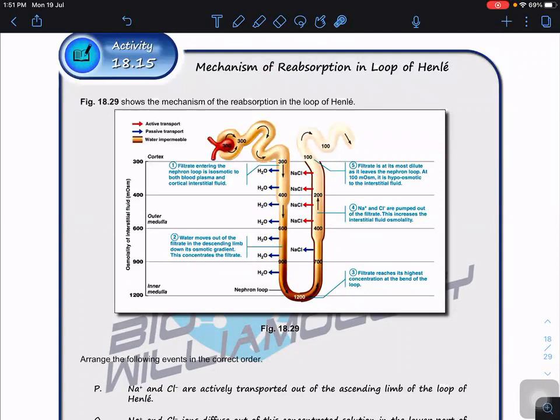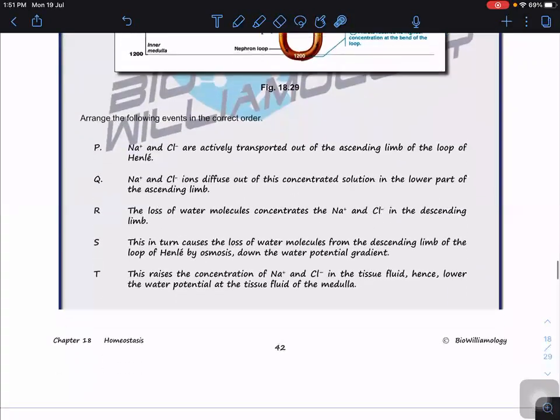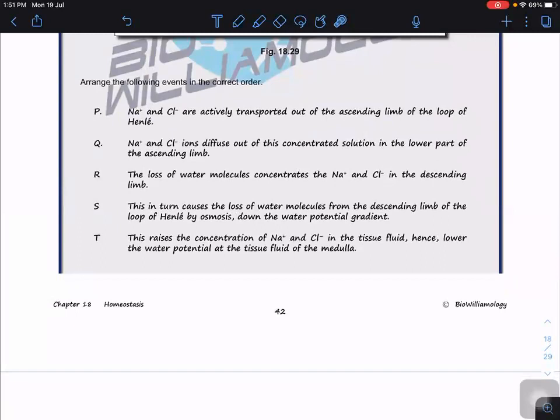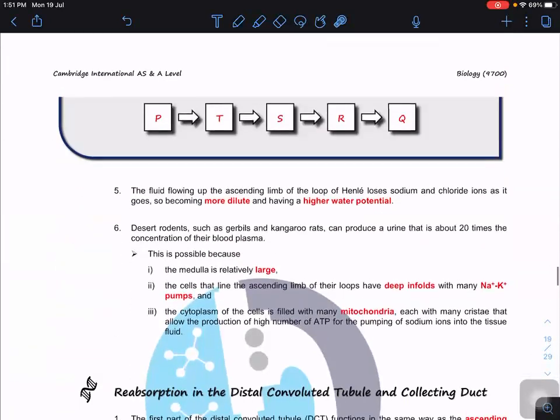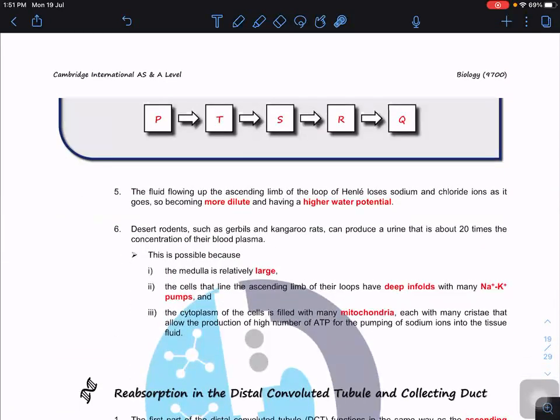Again, there's a correlation to show that the less water supply, those animals that can survive in the desert have a loop of Henlé relatively longer compared to those that survive in places that have enough water supply. Okay, so this is possible because the medulla is relatively large and long. The cells that line the ascending limbs have deep infoldings with many sodium potassium pumps and continue to pump out the sodium ions.